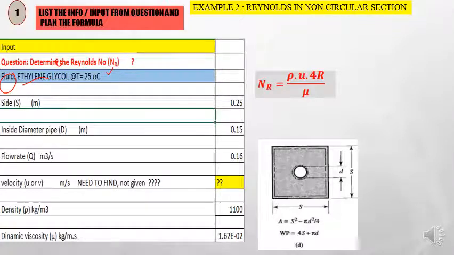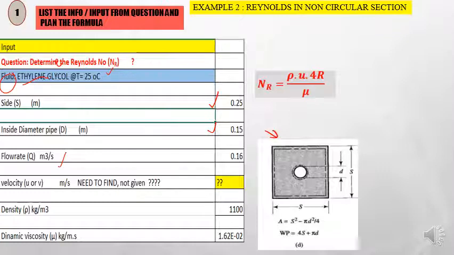This is the shape here, and the dimensions of the shape are given as well. For example, the side dimension is 0.25, the inside diameter is 0.15 meter, and the question gives you the flow rate, which is 0.16.